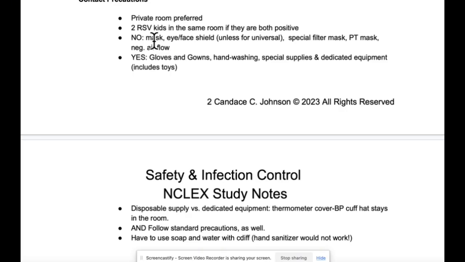And remember, those are more like PRN decisions that we're making in real time based on what's going on with the patient. Okay, so you may need an eye face shield for someone who is, as I mentioned before, draining, or potentially there's an opportunity for splash, or maybe they have C.